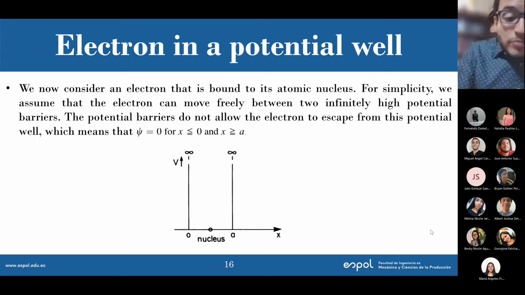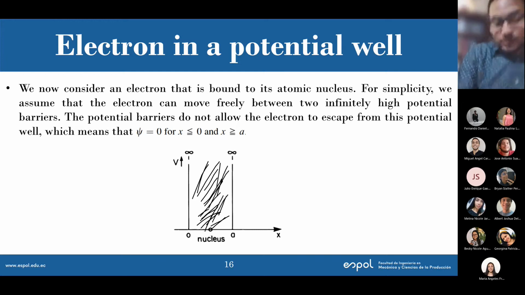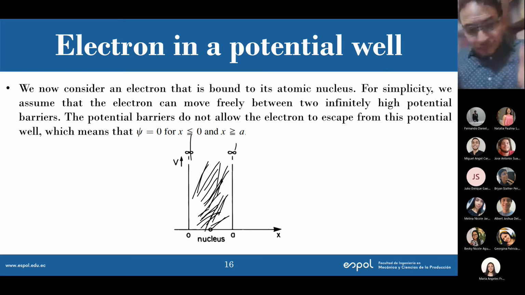You're now restricted. So that's basically the case now. The electron can move freely all around this, but only around this, because now it has two barriers. That's why it's a bound electron. It has two barriers, which for simplicity, we consider infinitely high potential barriers.